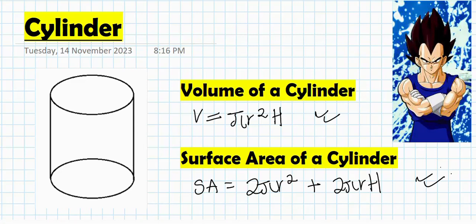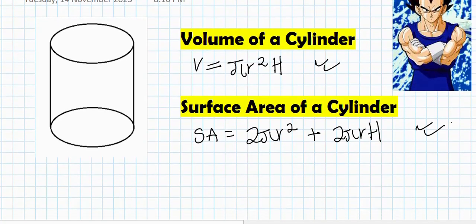I want to show you step by step how to derive those formulas in case in an exam, and in an exam you won't get a formula sheet. Let's say you forgot those two formulas and you want to know how to get a formula for the volume and surface area of a cylinder.